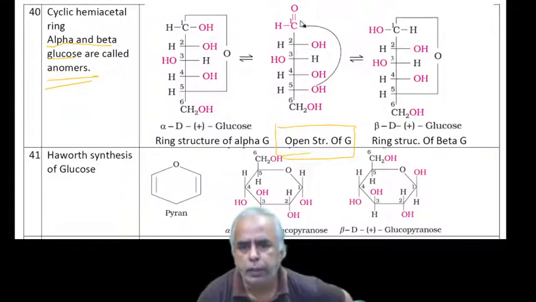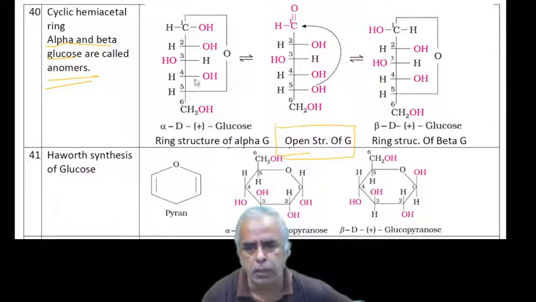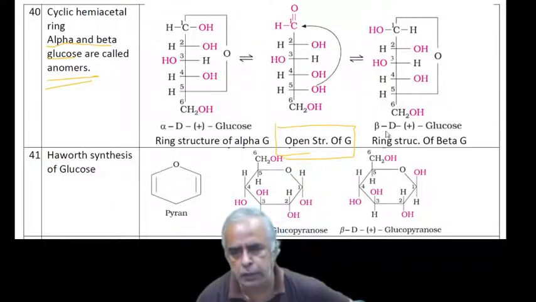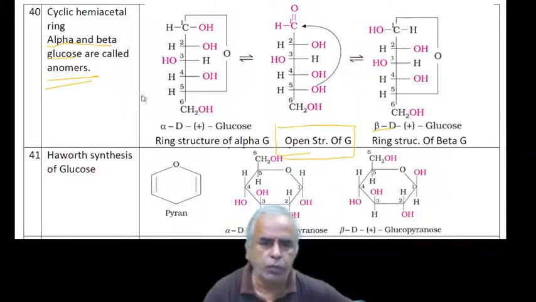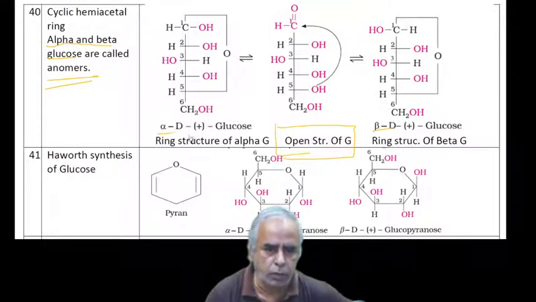In this case it is a less stable one. This open structure is an unstable intermediate. Either it forms a ring like this or a ring like this. If it forms a ring like this, this is called beta glucose. If it forms a ring like this, this is called alpha glucose.